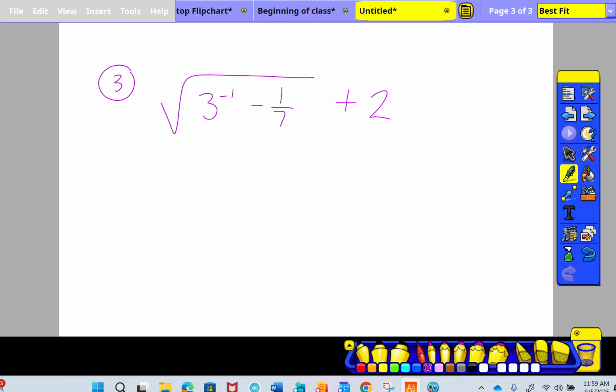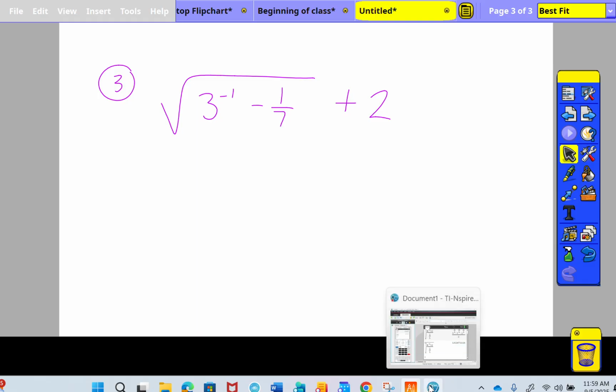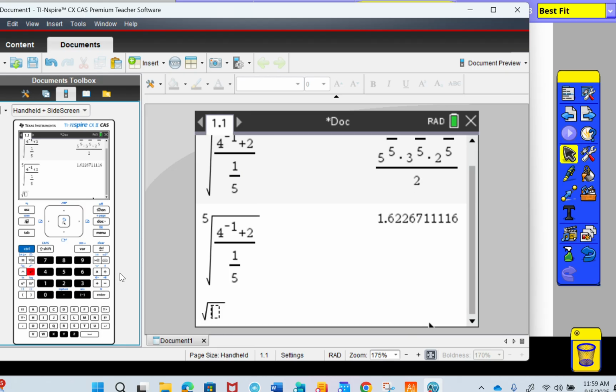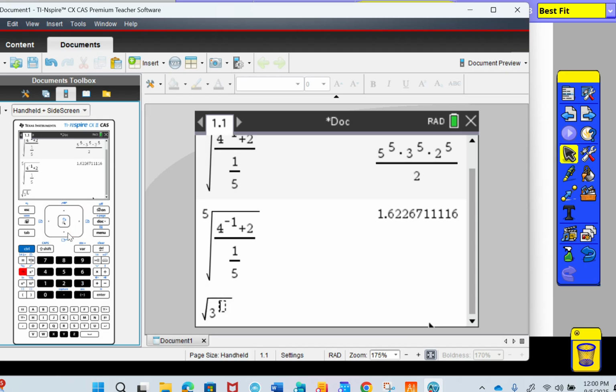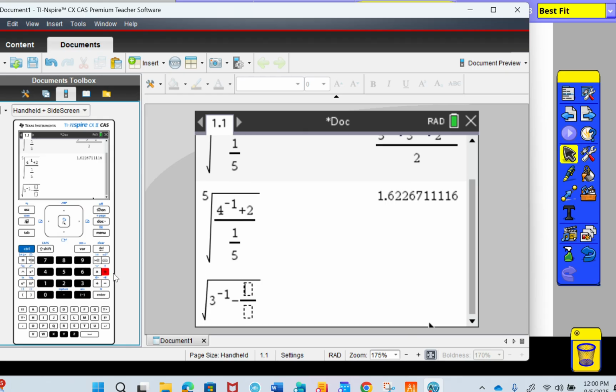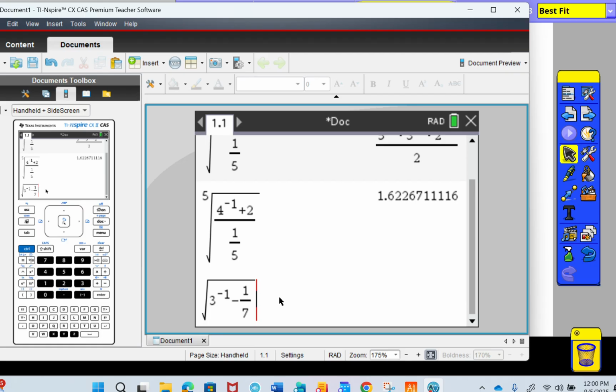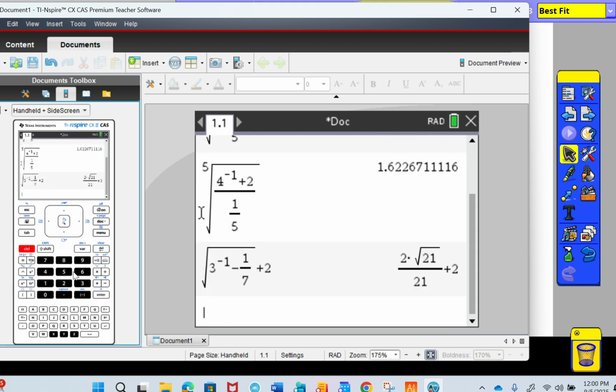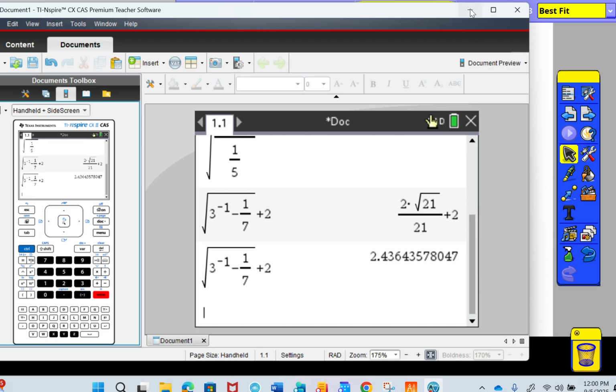I'll freeze it again and put it into my calculator. This looks good.